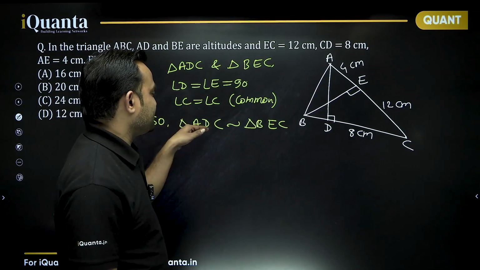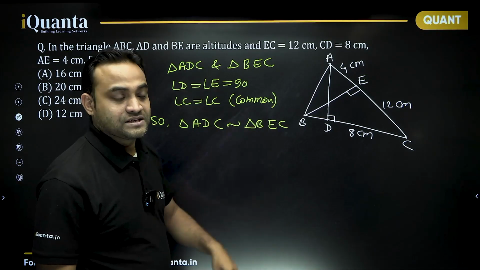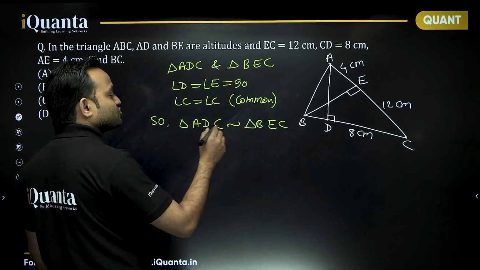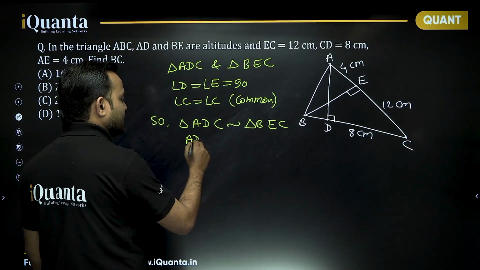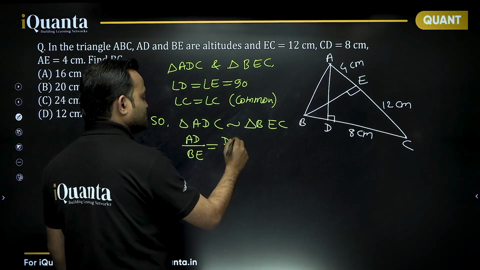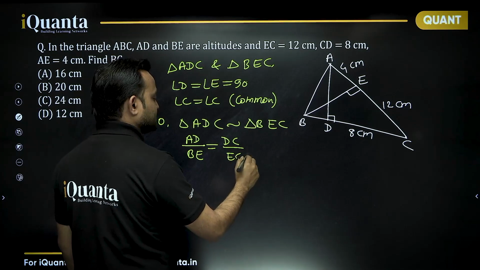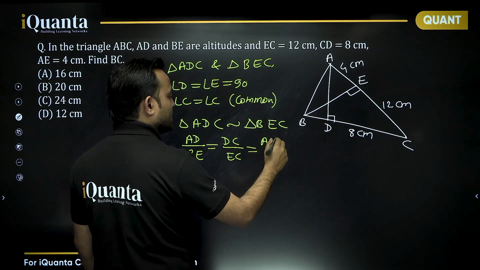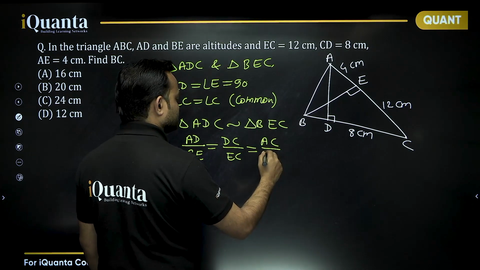Triangle ADC is similar to triangle BEC. Now if these two triangles are similar, we can say AD upon BE is equal to DC upon EC, which is equal to AC upon BC.